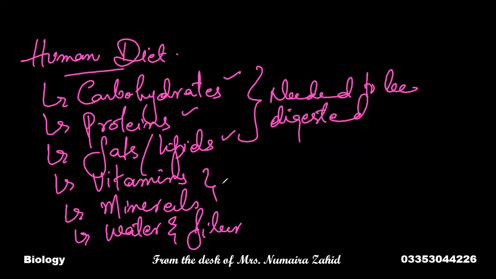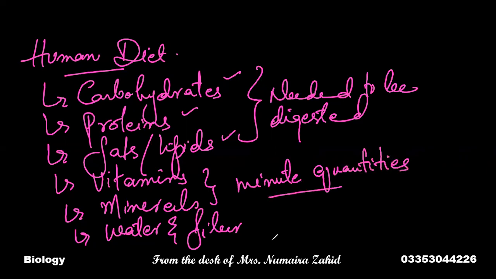Vitamins and minerals are required in minute quantities, to regulate the normal metabolic processes of the body. They are not digested. They are directly absorbed into the blood and taken to the part of the body where they can be stored and utilized. Now, what about water and fiber? As we know, we are 90% to 95% water.